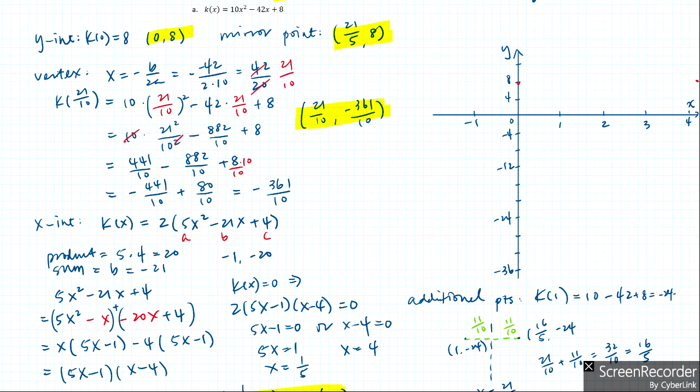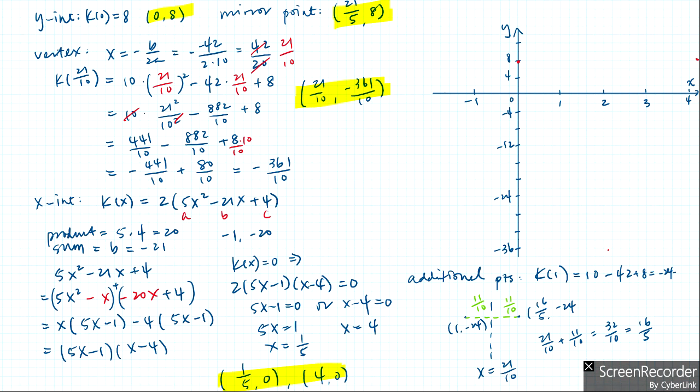The vertex is 21 over 10, which is just slightly above 2, in the x-coordinate, so halfway in this box, and negative 361 over 10, which is just below negative 36. So right here. And then we have the x-intercepts, which are (1/5, 0) and (4, 0).